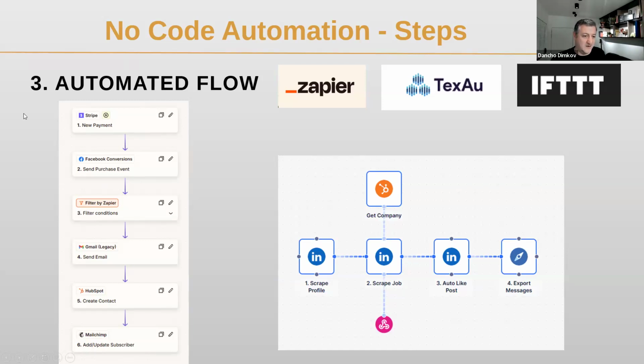So as you can see, in a different world, I would need to go manually to Stripe, and then manually to Facebook. This was based on Facebook ads. So if someone buys, I need to update the event that someone actually bought, so Facebook will learn. Then I need to go to Zap to actually send them the book, then to the email to send them an email, and then to HubSpot. And this is a nice automated flow where multiple tools are communicating with each other.